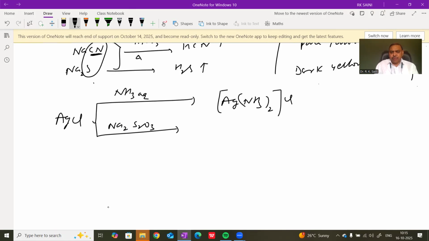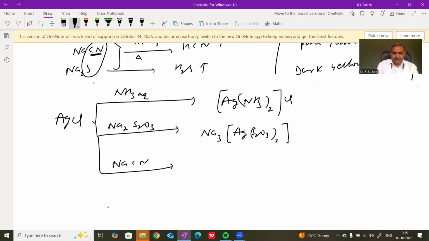It is also soluble in excess of hypo, Na2S2O3, making another complex, Na3[Ag(S2O3)2]. The white precipitate is also soluble in sodium cyanide, giving Na[Ag(CN)2]. Both are soluble.